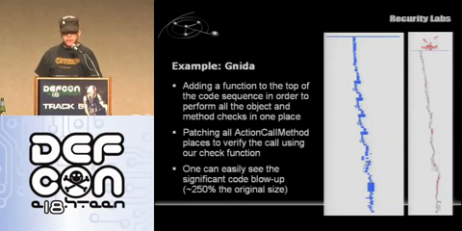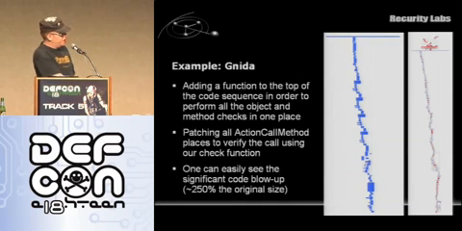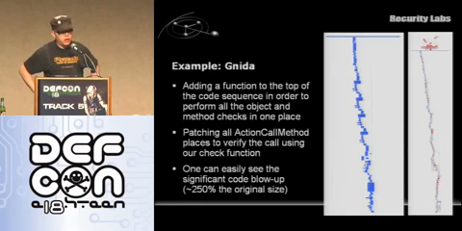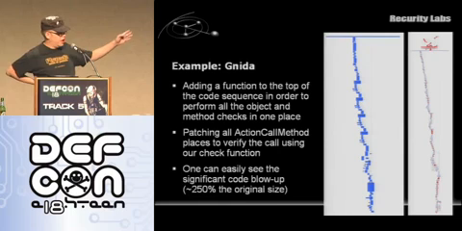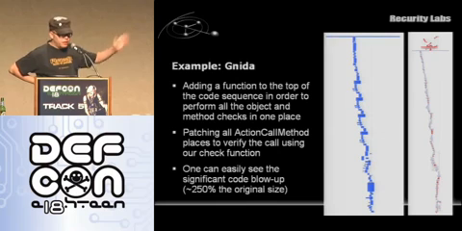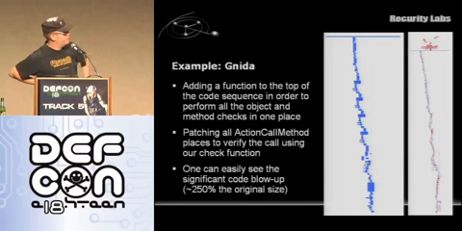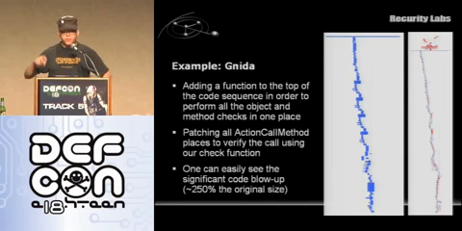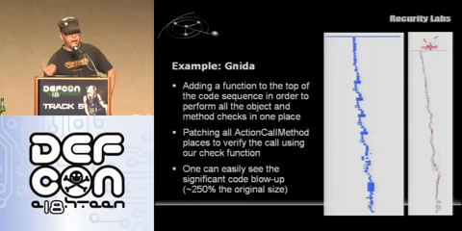So when you apply this to a piece of malware, for example Gnida, you see this is the complete code of Gnida. The one to the left in blue is the original code. The one to the right is the same code, and all the red dots you see there are where we patched in additional checks automatically.